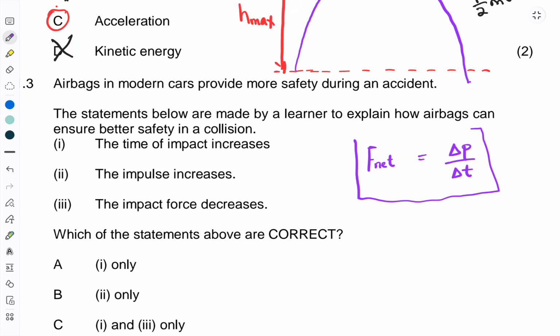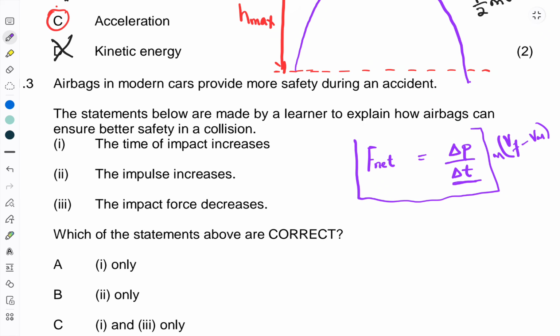So your delta P will definitely be the same, because it'll just be VF minus VI, all of this times your mass. We will keep delta P the same, even if the airbag was not present, because the car will come to a halt anyway. So what the airbag does is it increases the time to slow you down, over which you as a passenger will come to rest.